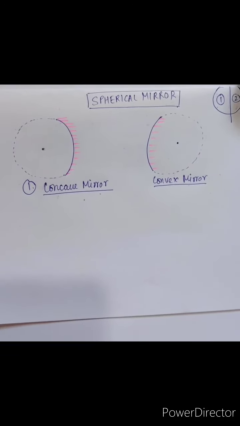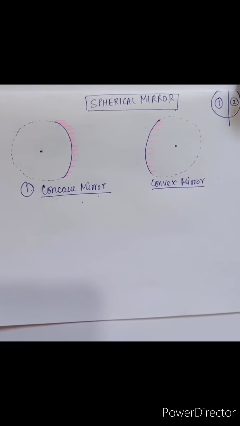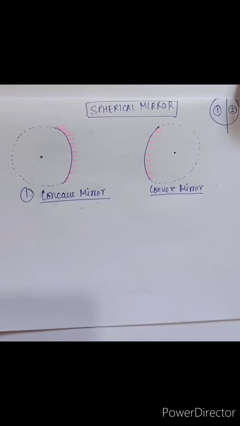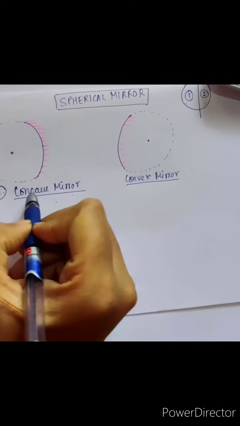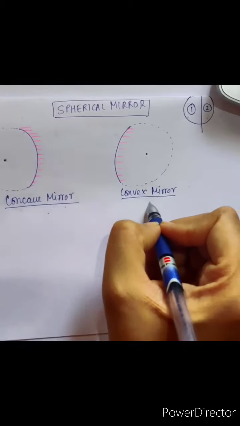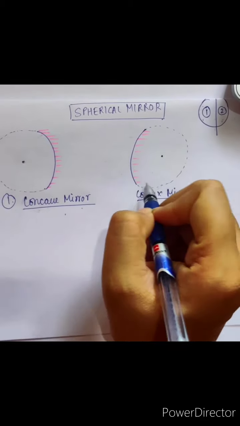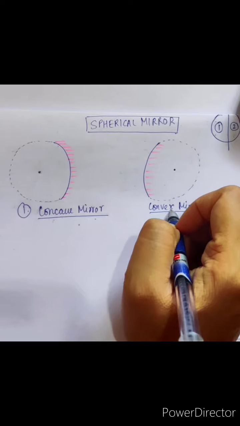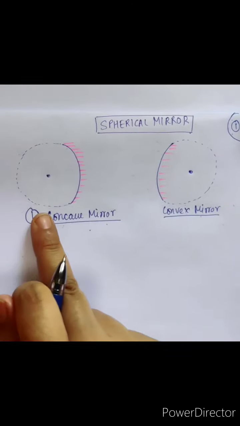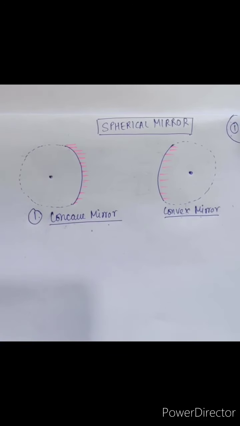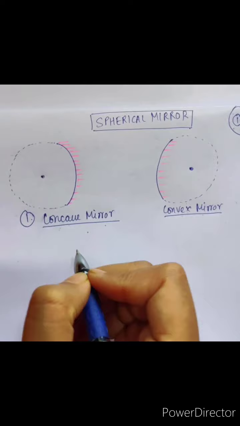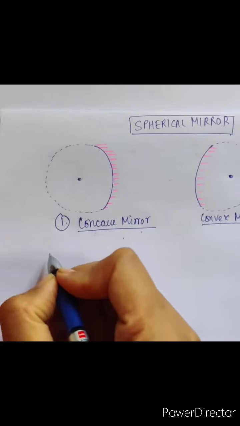The center of curvature of a spherical mirror is the center of the imaginary hollow sphere of glass. You can see here this concave mirror is part of this hollow sphere. Similarly, this convex mirror is part of this imaginary hollow sphere of glass. The center point of both hollow spheres of glass is known as the center of curvature, and it is denoted by C.